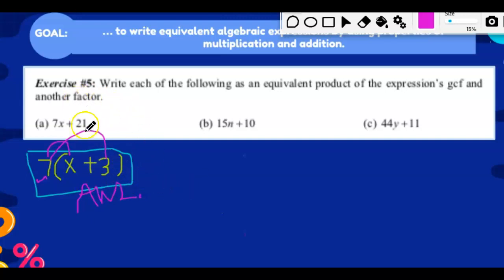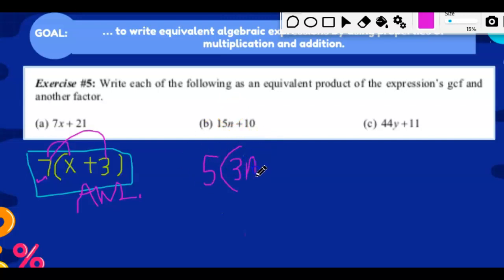We were doing it backwards now. So for letter B, what is the greatest common factor? 15n plus 10. What is the greatest common factor between 15n and 10? So we got 5. If I take the factor of 5 from 15n, what is the other factor that remains? 3. 15n, if I take 5 as a factor, what remains is 3n.